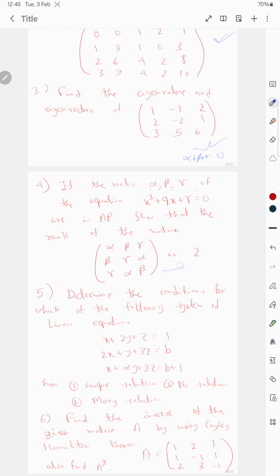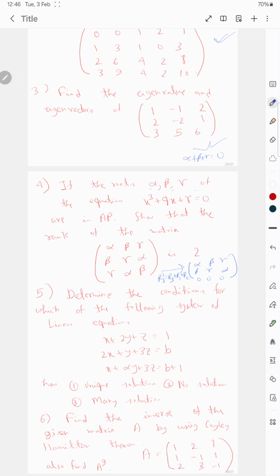If you do just one operation, R3 equal to R1 plus R2 plus R3, you will get alpha beta gamma alpha 0 0 0, right? So this is rank 2, that is very easy. But here you also have to say that obviously this is not 0, alpha beta and beta gamma.